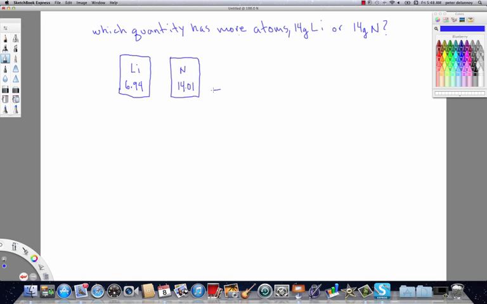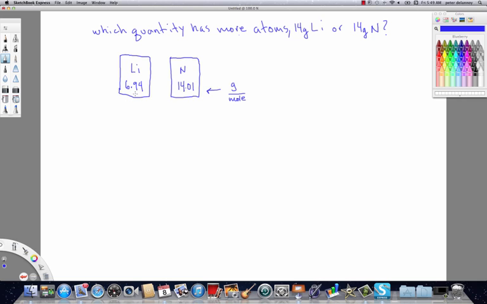Now, remember that molar mass is in units of grams per mole. And as I've said in previous videos, the mole is a grouping. All right? It's a grouping that is equal to 6 times 10 to the 23rd particles.